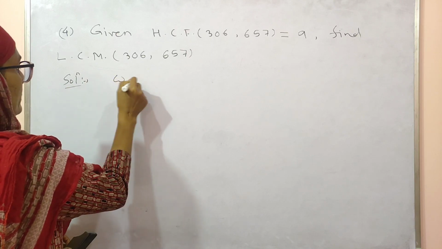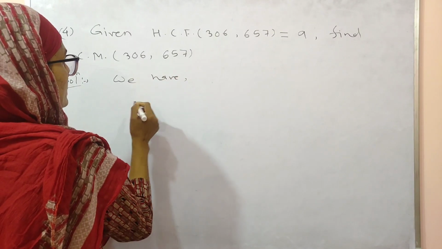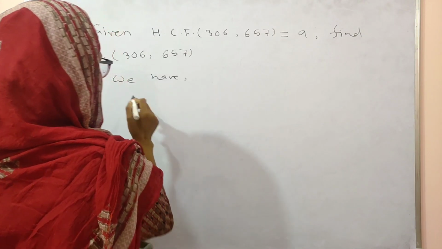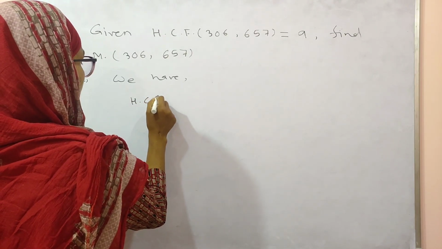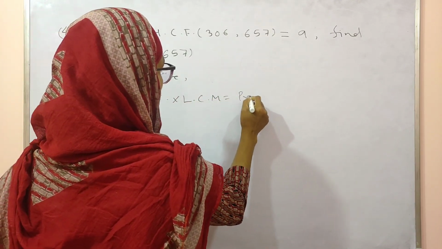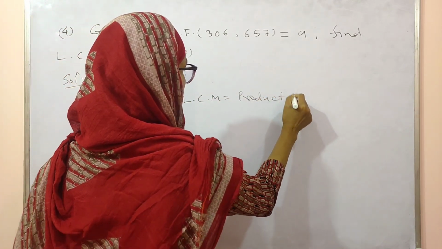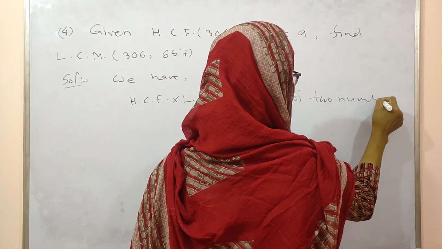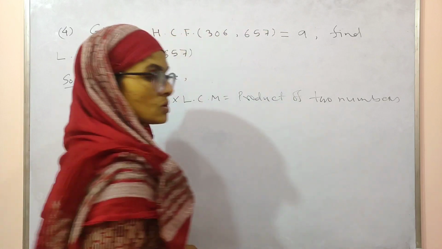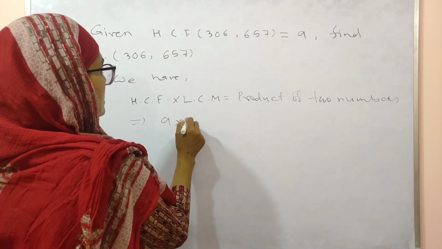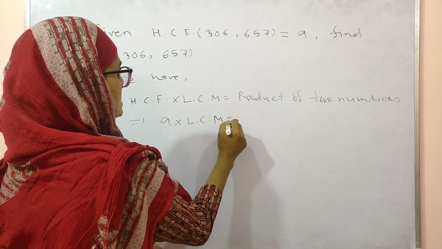We have HCF into LCM equal to product of two numbers. So now put the values. HCF is 9, you have to find LCM.